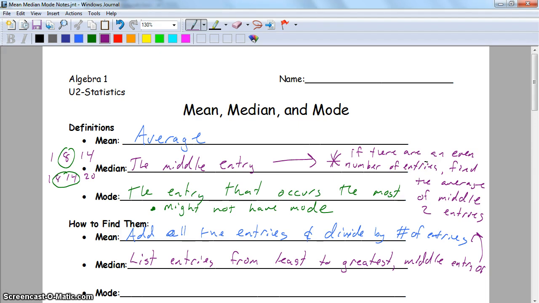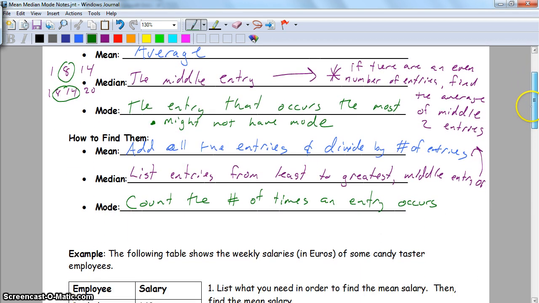We'll practice with that. Mode, what you do there is you count the number of times an entry occurs. Alright, so mean, median, mode, those are the 3 ways to find it.